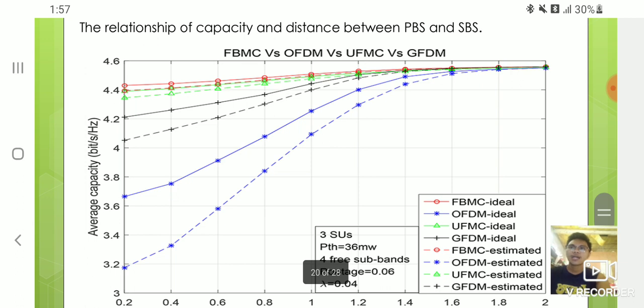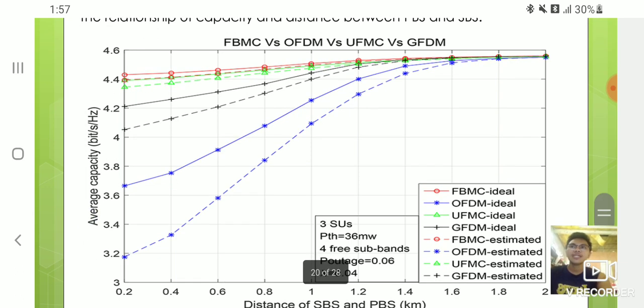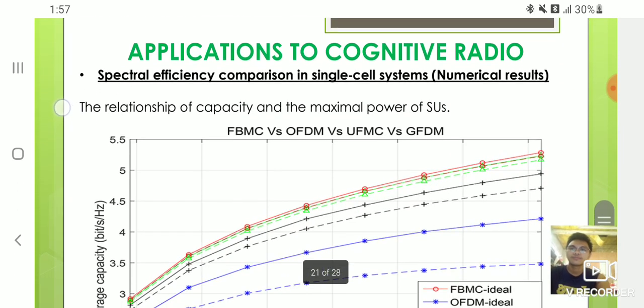It can be seen that accompanied by the increase in the distance, the capacities of all waveforms rise and the curves tend to merge asymptotically. The increase in D reduces the mutual interference between the PU and the SU, which is the reason why the average capacity increases. The effect of the maximal power of SU PTH is assessed here.